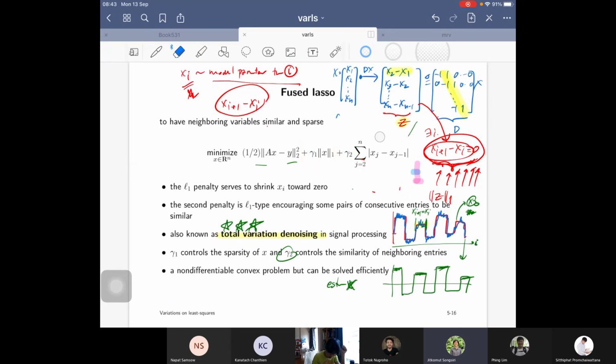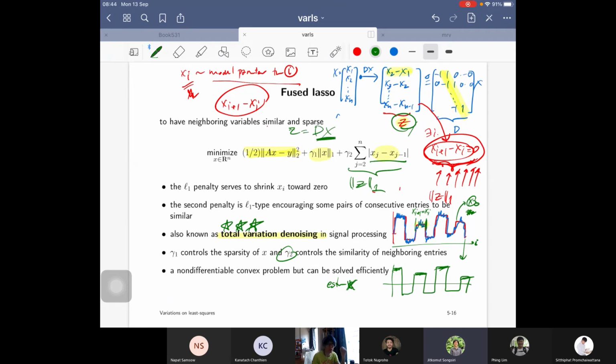From an optimization point of view, obviously the first term is convex because it's quadratic. The Lasso term, just the L1 norm, is convex. The last term is again convex because the term inside is the vector z, which equals Dx.